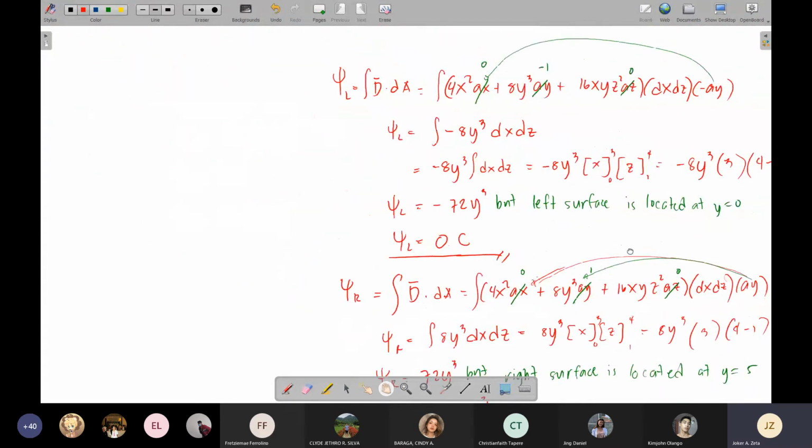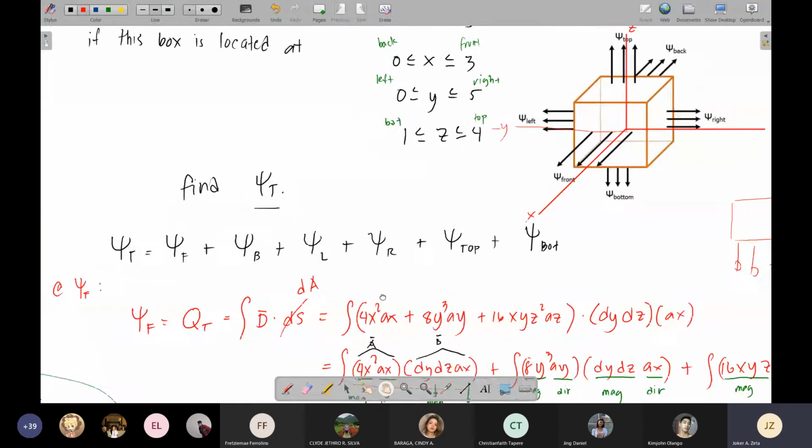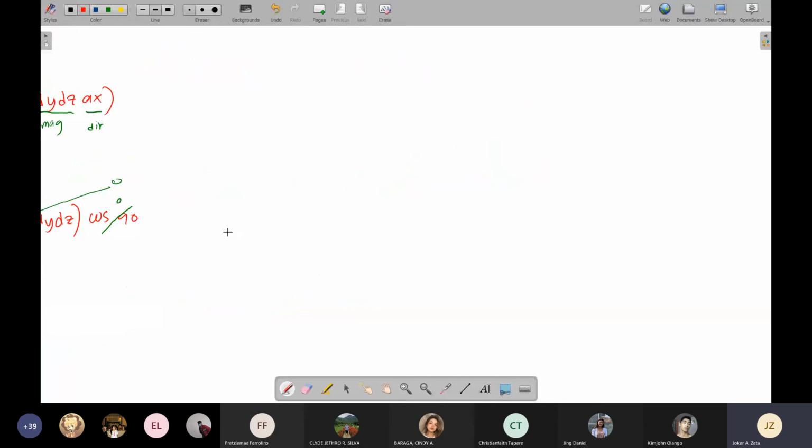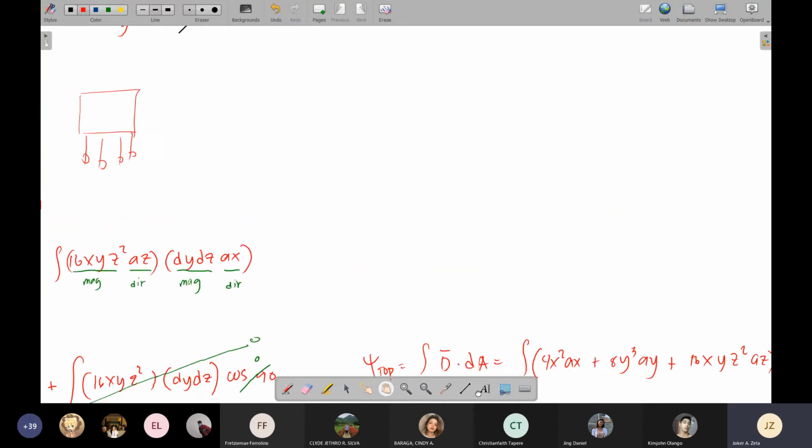Okay, two are left, that is the top and the bottom. Flux on the top: of course, integral of flux density times differential area, or that is integral of 4x squared ax plus 8y cubed ay plus 16xyz squared az, times the differential area of the top surface.